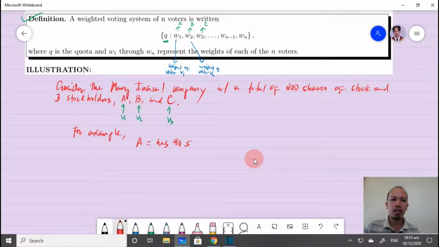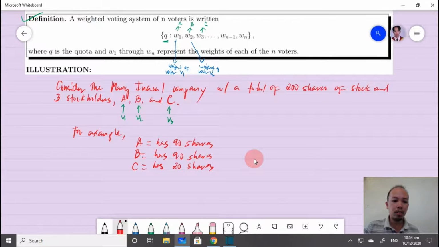B also has 90 shares. Then stockholder C has, let's say, 20 shares.